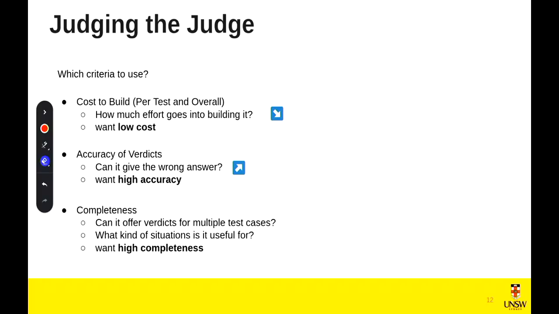And the last one, of course, is related to completeness. So can this test oracle be applicable for multiple different test inputs? And what kind of situations does this test oracle work with? So we want high completeness.